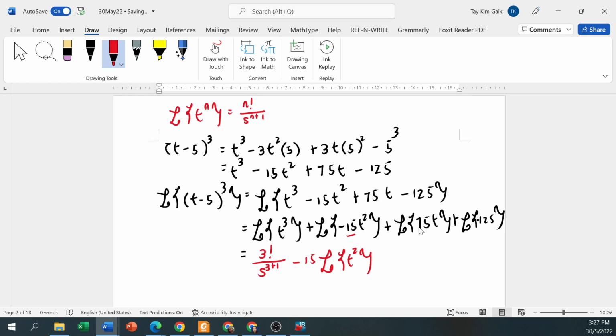Similarly with the Laplace transform for 75t, you can factor out the 75 and then find the Laplace transform for t. And this is the Laplace transform for a constant. As you learned in the first formula, for a, you have a over s. So this will be negative 125 over s.